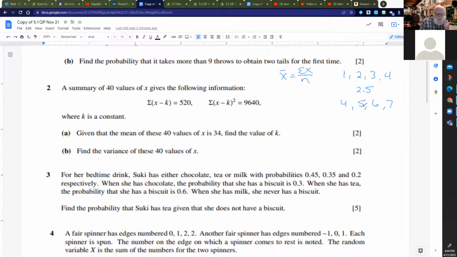And it's going to be 22 divided by 4. How are these two numbers different from each other? How far are they apart? 3. And do you notice that's the number that I added to each one of my numbers?